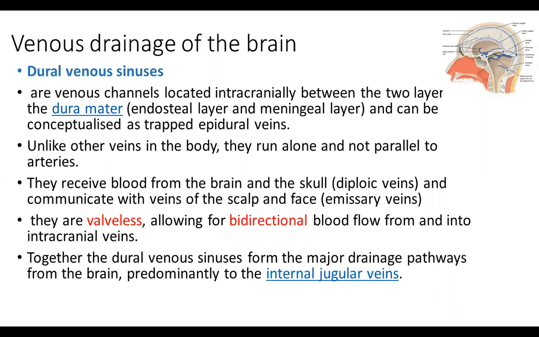They receive blood from the brain and the scalp via the diploic veins, and communicate with the veins of the scalp and face, called emissary veins. They are valveless, allowing for bidirectional blood flow from and into intracranial veins. Together, the dural venous sinuses form the major drainage pathway from the brain, predominantly to the internal jugular vein.